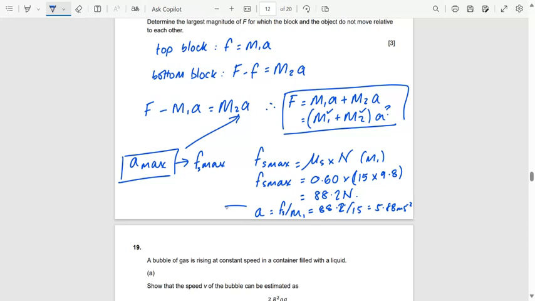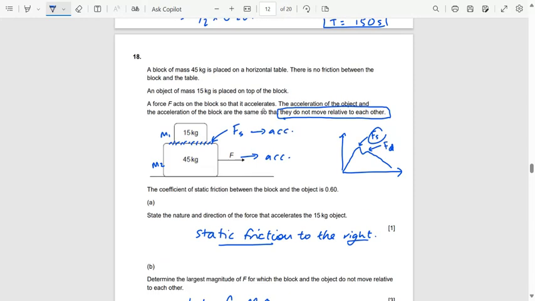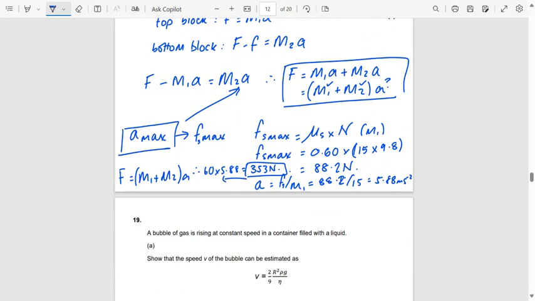So our final step to find F, we have this expression m1 plus m2 A. Therefore, m1 plus m2 is 60 kilograms multiplied by 5.88, which gives a final answer of 353. If you were looking for the correct sig figs, it would be 2 sig figs. Okay.